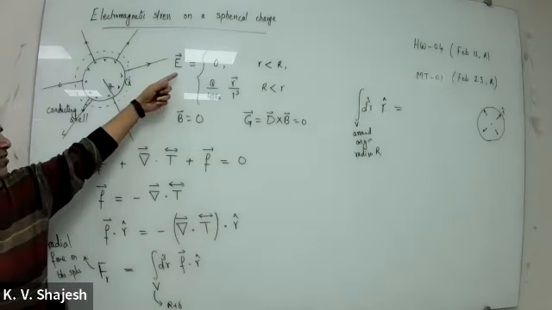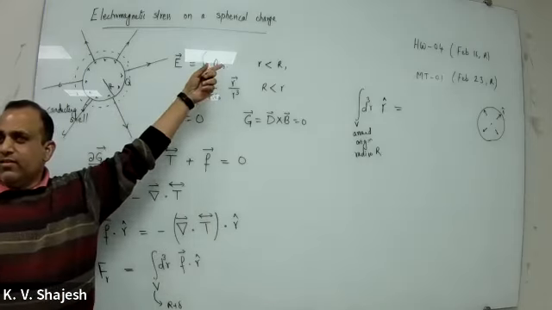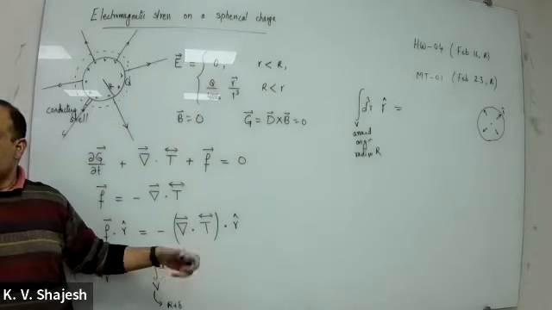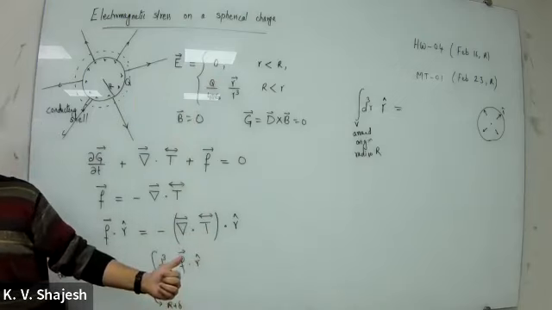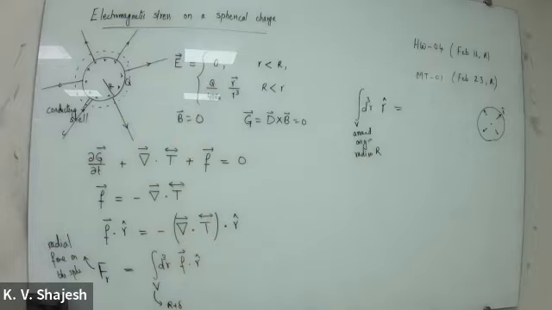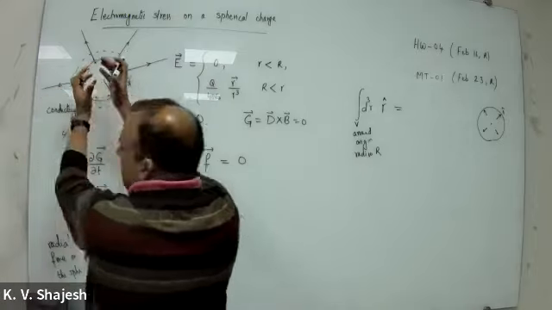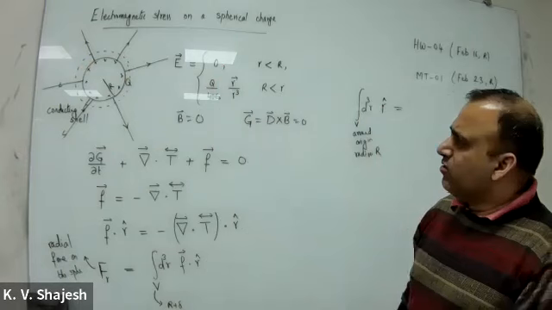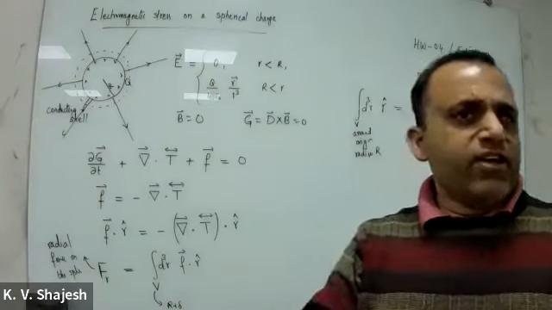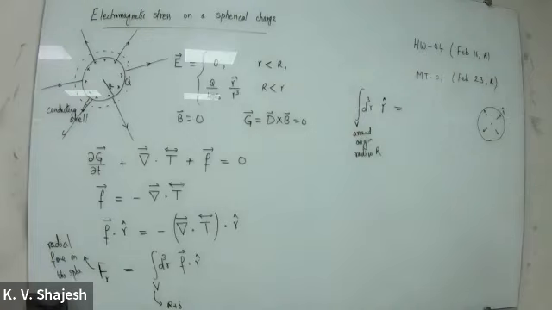But the electric field is all zero inside. So there is no flux of momentum. Nothing will be there, it will be zero immediately. And there is no tendency for it. If there is a conducting material, at least there is no electromagnetic stress on it.